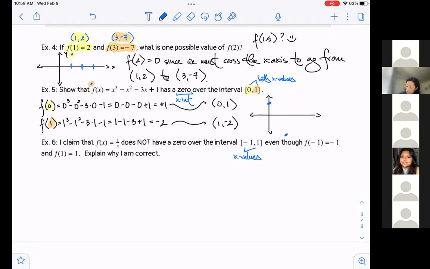Okay, so these are both x values. And when I plug in the x values into the function, f of -1 gives me -1 and f of 1 gives me 1.